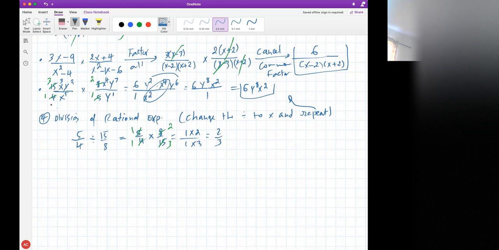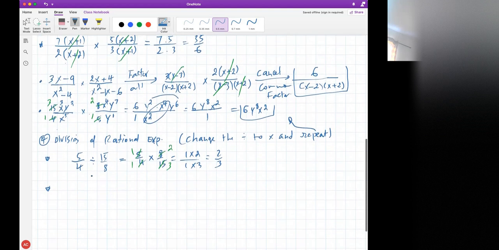But again, you can stick to one method, just turn the division into multiplication and repeat the same thing. So you don't get confused whether to multiply or cross multiply, that can be confusing. So there's no cross multiplying, it's all straight across. If you have a division, turn it into a multiplication and again, multiply straight across.